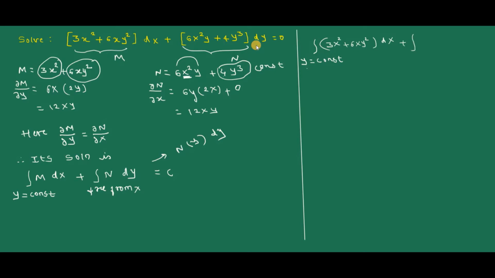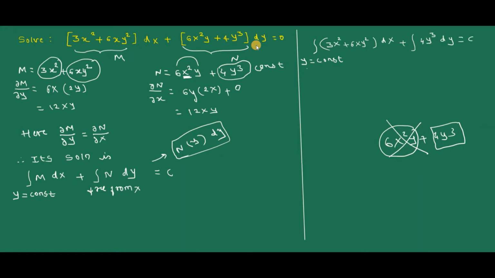Integration of N dy free from x, or N of y dy, means from N you have to write down the term containing y only. In 6x²y + 4y³, free from x means the first term contains x, so you are not supposed to write this term, and the second term is purely a y term, so you can write only the term containing y, that is 4y³ dy is equal to c.